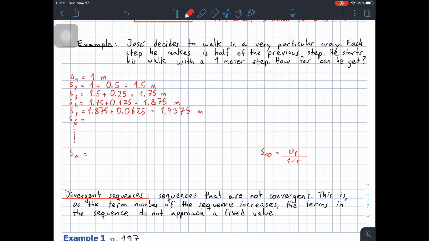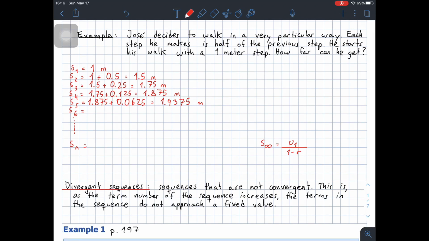You may do this in your calculators to follow if you want. Finally, if we do one more, this would be 1.9375 plus 0.03125. If we add, this is 1.96875 meters. So do you notice a pattern here when I am adding the values?